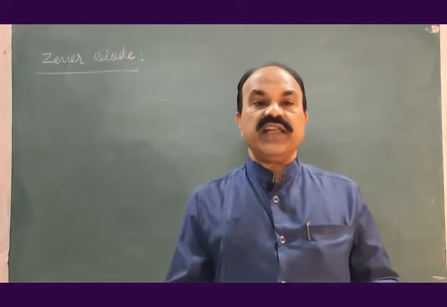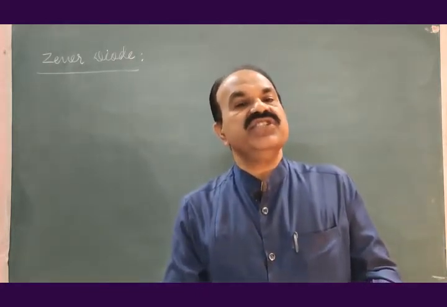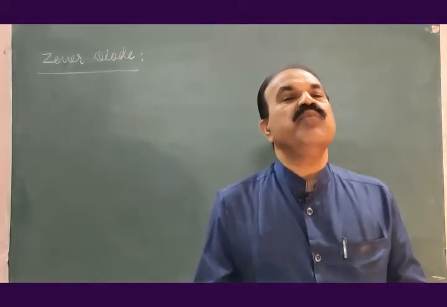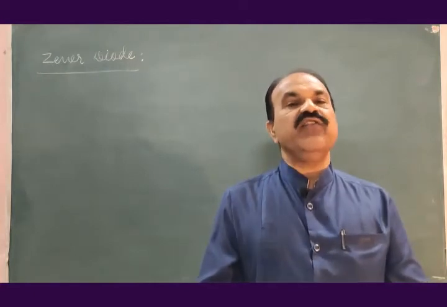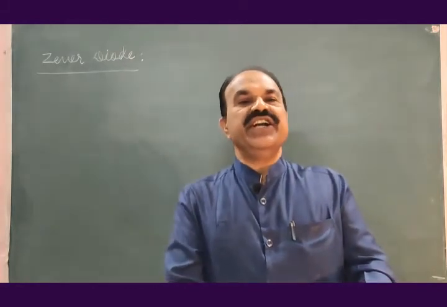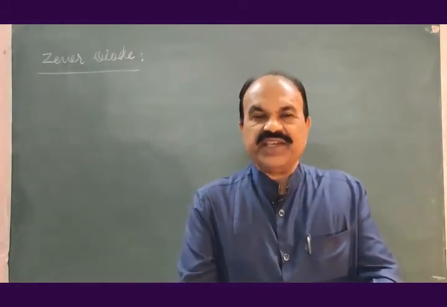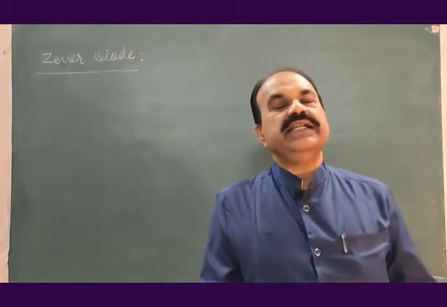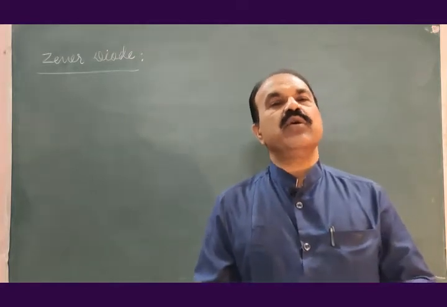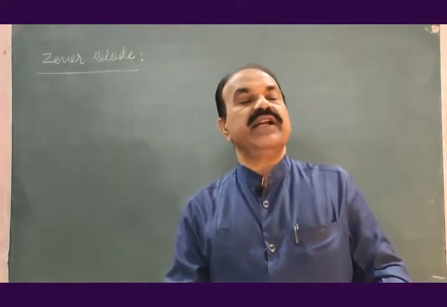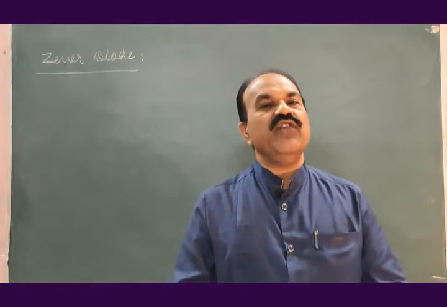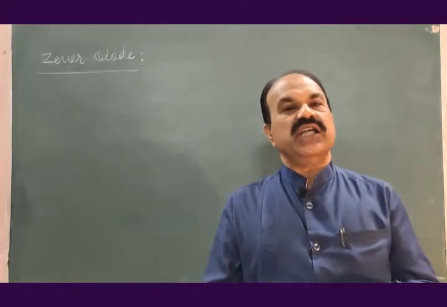Similarly, number of free electrons in the N region of a Zener diode is always equal to number of immobile positive ions, and therefore Zener diode is neutral in nature. Its P type is neutral in nature. Its N type semiconductor is also neutral in nature. So whenever we talk of net charge on P type or N type of this Zener diode, it is always 0, and therefore Zener diode is neutral.